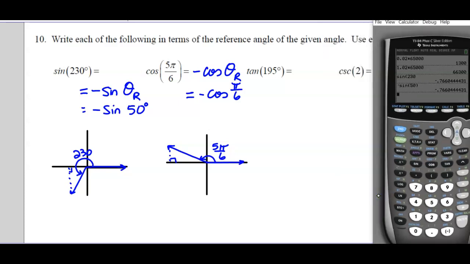195, so that's in degrees. You better know where that lies. So there. Okay, third quadrant. In the third quadrant, we're finding tan. So in the third quadrant, is tan positive or negative?